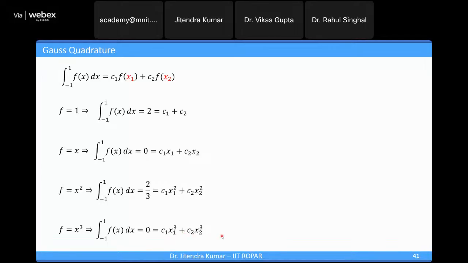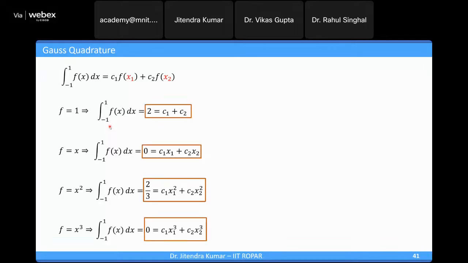So the idea is simple. You want the structure to be some constant times f(x1) plus some constant times f(x2). Since there are 4 unknowns, you want your integration exact for constant, linear, quadratic, and cubic functions, and these 4 equations to be solved.